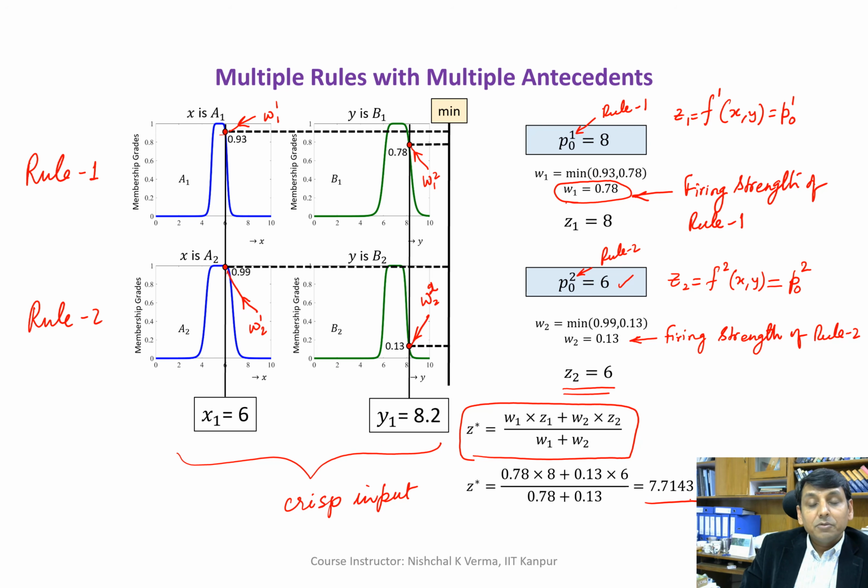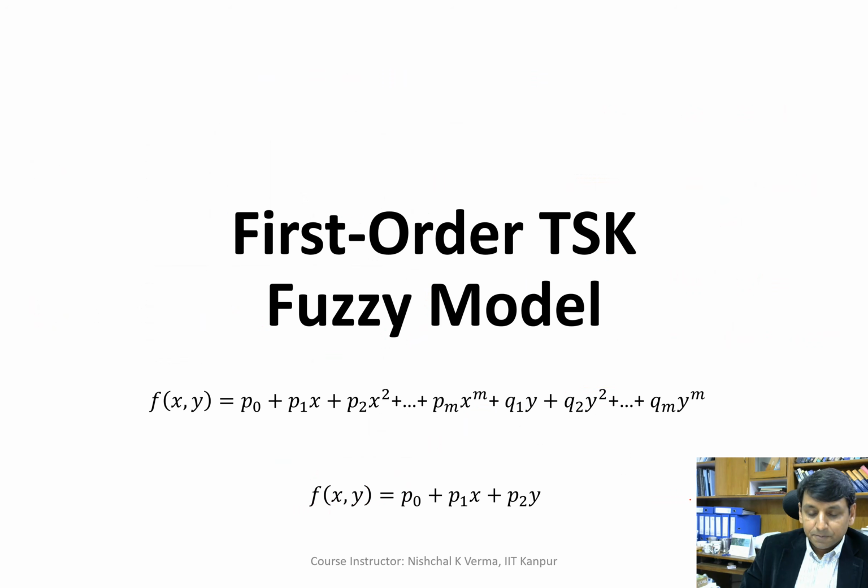So this way we can find the final output corresponding to x1 equal to 6, y1 equal to 8.2 using the TSK fuzzy model, which is characterized by two rules with two antecedents, and this comes under the category of multiple rules with multiple antecedents.